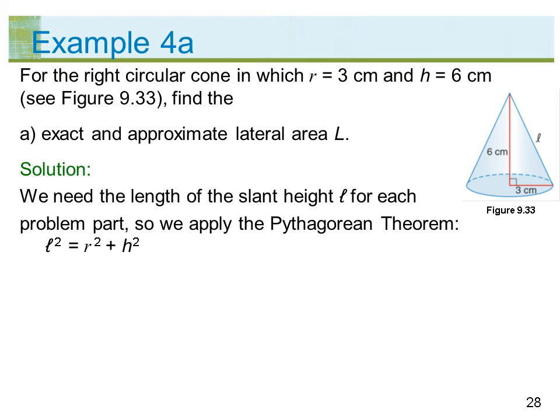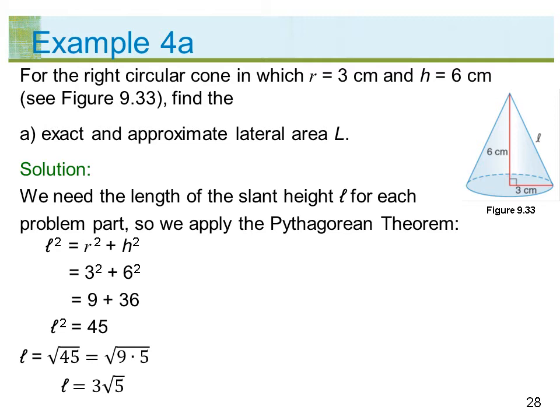We need the length of the slant height ℓ for each problem part, so we apply the Pythagorean theorem. ℓ² = r² + h² = 3² + 6² = 9 + 36. ℓ² = 45. ℓ equals the square root of 45, which equals the square root of the product 9 times 5. Slant height ℓ = 3√5. Using L = πrℓ, we have L = π times 3 centimeters times 3√5 centimeters.